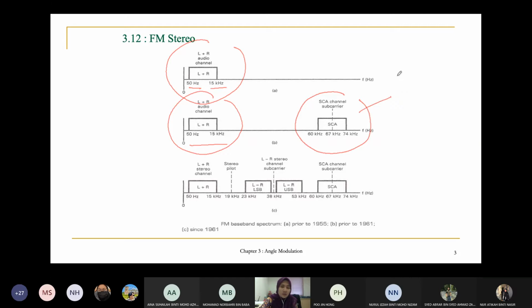The function of this SCA channel is to broadcast music to private subscribers only. But prior to 1955 and also prior to 1961, we still used monophonic transmission.